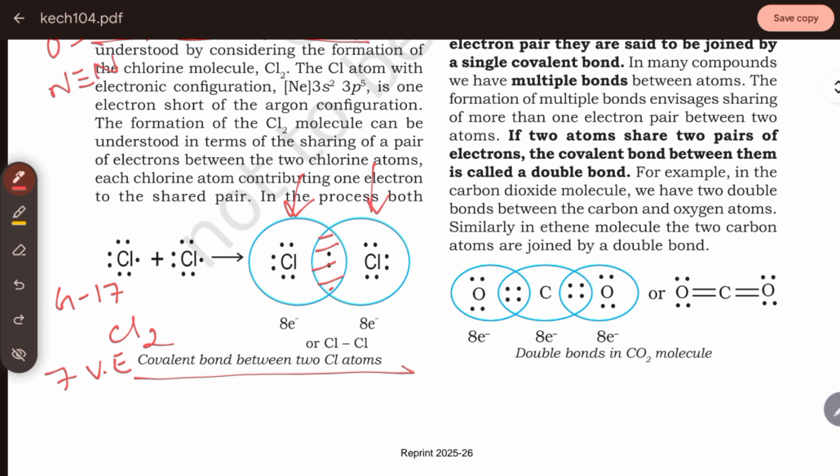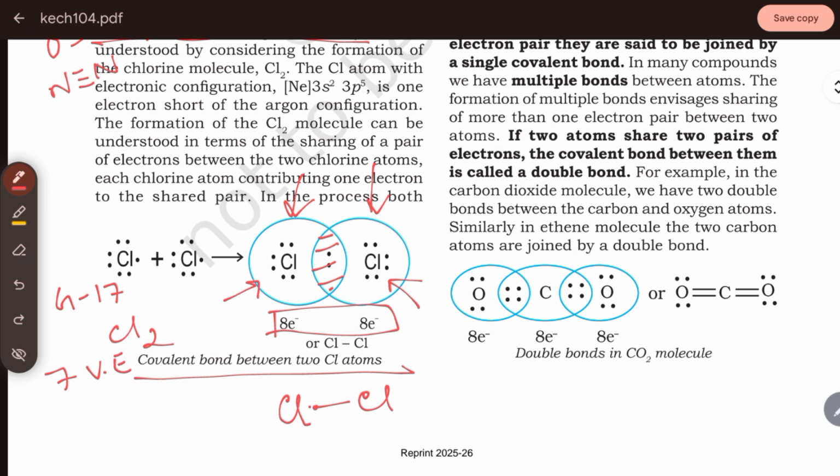So this chlorine can say, I have 7 plus 1, I have 8 electrons. The other chlorine can also say, I too have 7 and one more electron that I have shared from my neighbor, so I can also have the octet configuration. This is the octet configuration, and there is a covalent bond formation between one Cl and the other Cl.